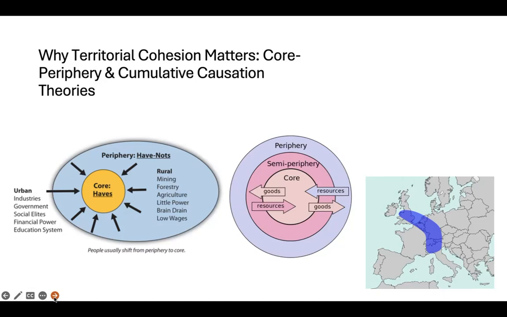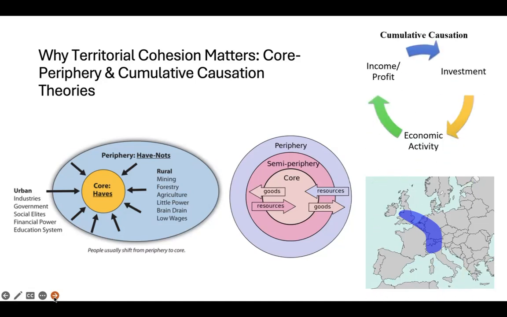Now, what's happening in the core is this idea of cumulative causation, and the famous economist Gunnar Myrdal introduced the idea of cumulative causation, which suggested that once a region has an initial advantage, which could be anything from geographical to climatic to demographic, then what will happen is it will then develop further advantages, let's say new industry or a critical transport hub, and it creates this virtuous cycle of investment, job creation and innovation. And over time, this snowballs, making the region increasingly attractive for business and skilled workers. And that's what's going on in the core.